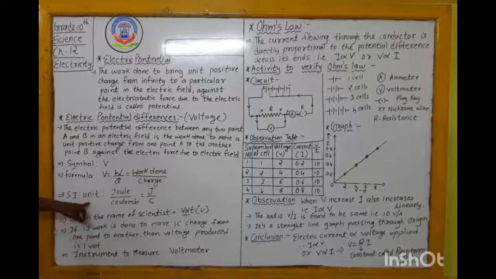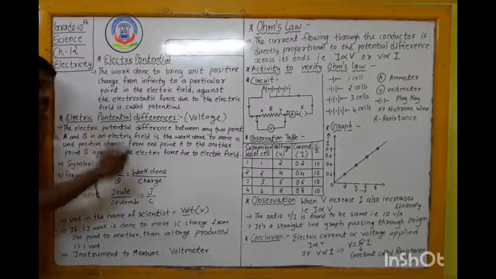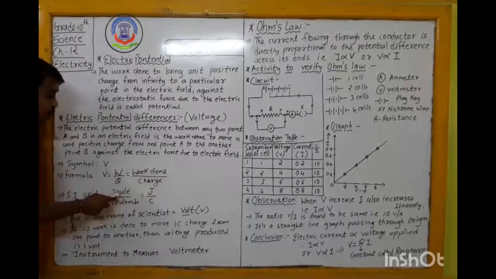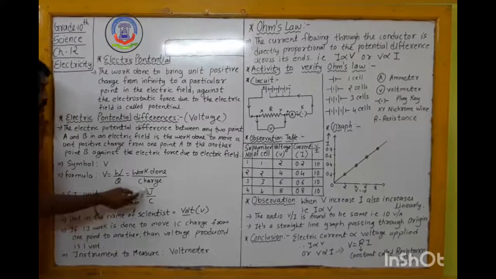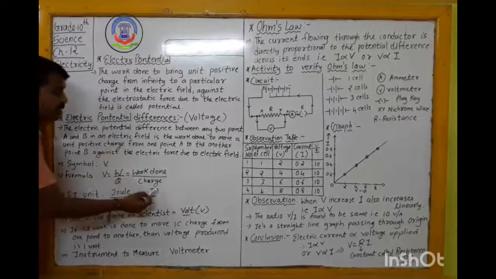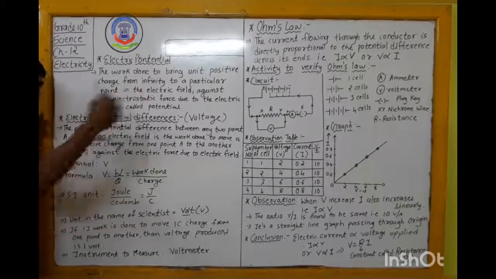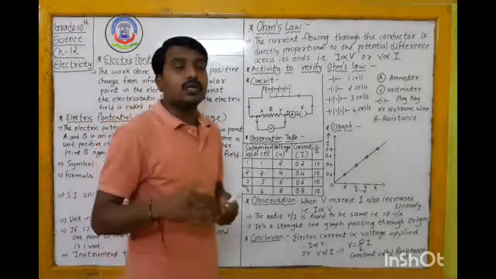And the SI unit, as we know, for work done, it's energy, so it's joule, and for electric charge, it is coulomb. So the SI unit of voltage is J by C, joule by coulomb, to measure the voltage.